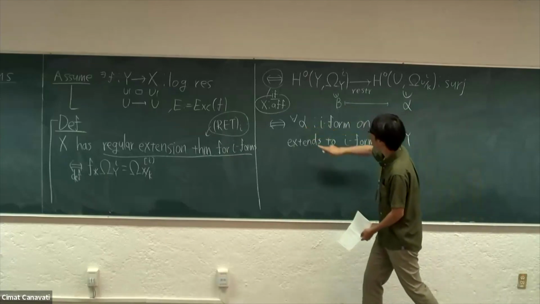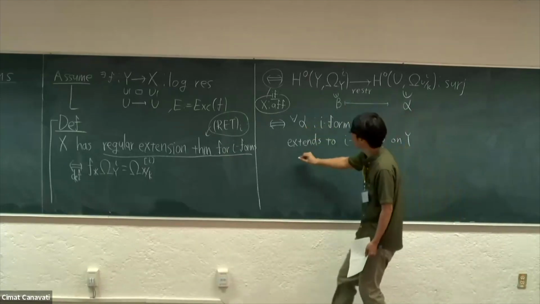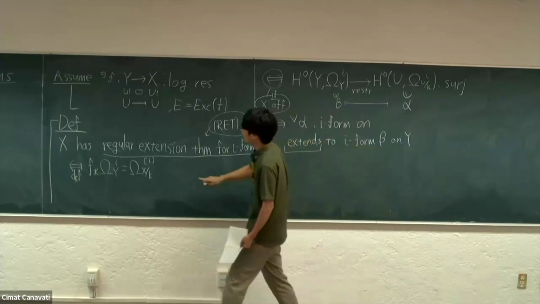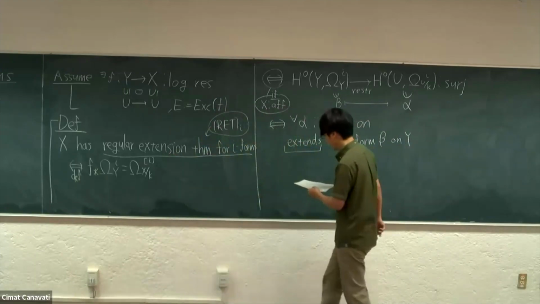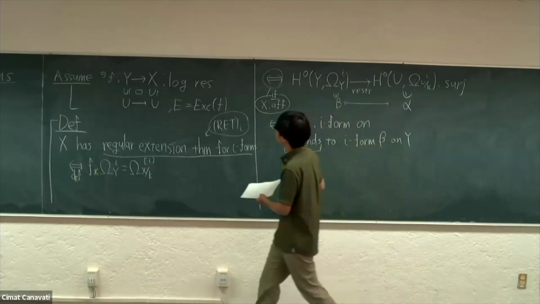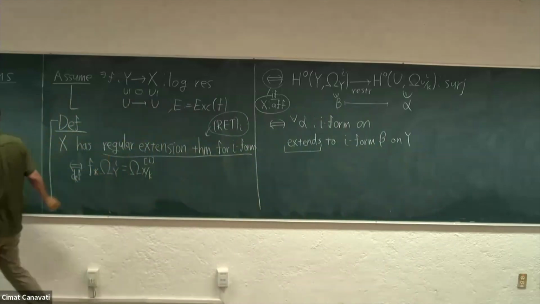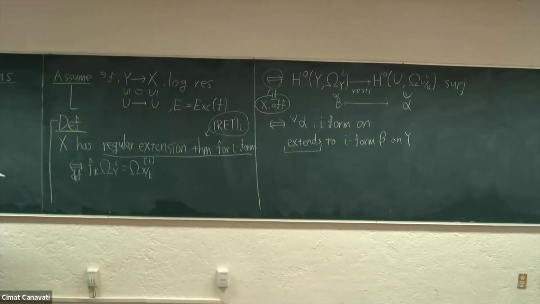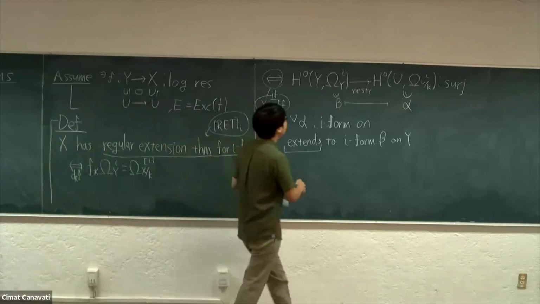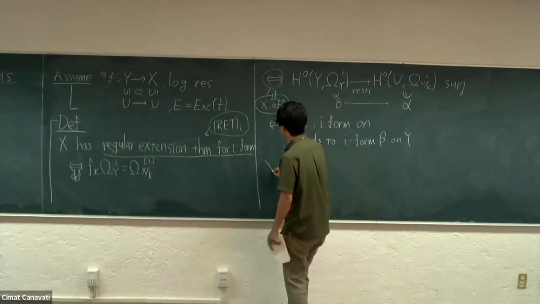So this is the equivalent condition, and this is the reason why it is called the extension theorem. The motivation is very clear, so this notion is very important. This is the definition of the regular extension theorem.